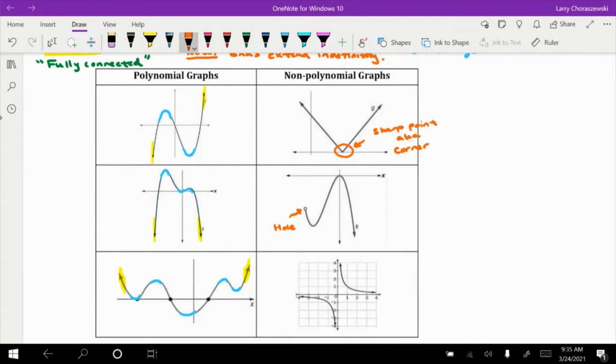Has an open end. It seems like the graph is fully connected other than that hole or open end. It also looks like one of the ends here extends indefinitely, but the other end of the graph doesn't extend indefinitely. It's as if the graph kind of stops right there, right?